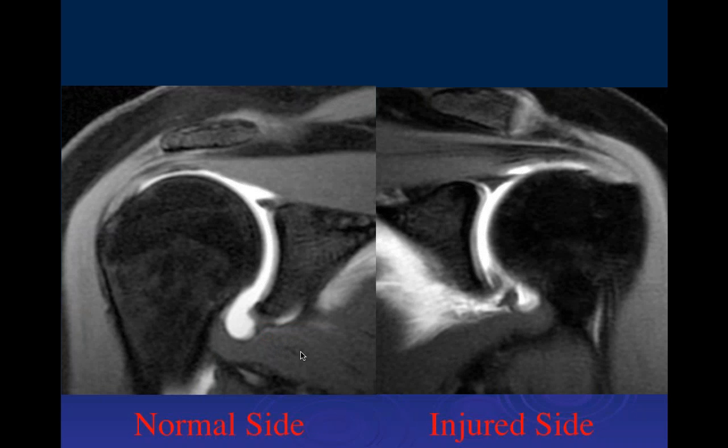We have a normal side and an injured side of two shoulders. It looks like a coronal PD fat-set with intraarticular contrast injection. The normal side looks normal, and the injured side looks abnormal. There is a labral tear, it looks like, with the contrast extending medially, and it looks like the inferior glenohumeral ligament from the glenoid attachment is detached.